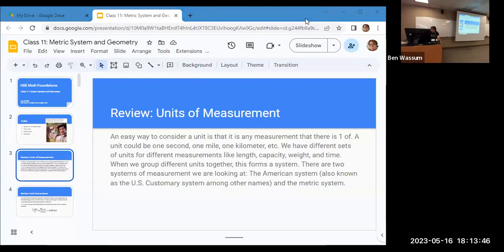So, reviewing systems of units of measurement. Again, a unit is something, as in any measurement, there's one of.